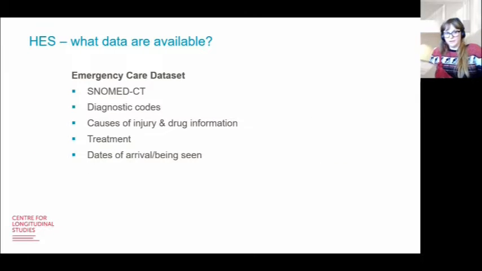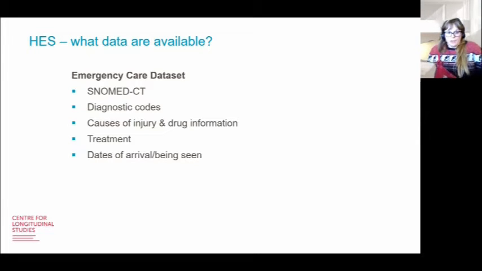Right. The emergency care data set supersedes the accident and emergency data set, and it uses the SNOMED CT medical vocabulary. The data are really well coded, and it's a vast improvement on the A&E. I think they set this up to answer the problem of the irregularities in the coding in the A&E data set, and from what I've seen, it's really clean, and it matches up to labels really well.